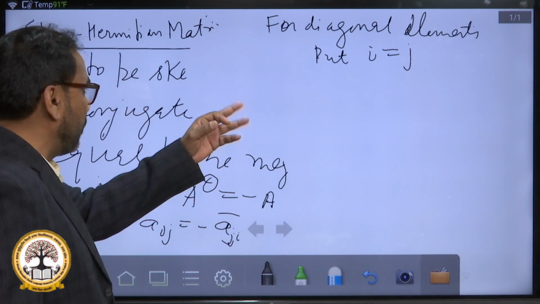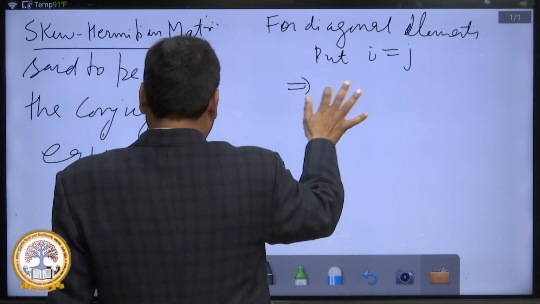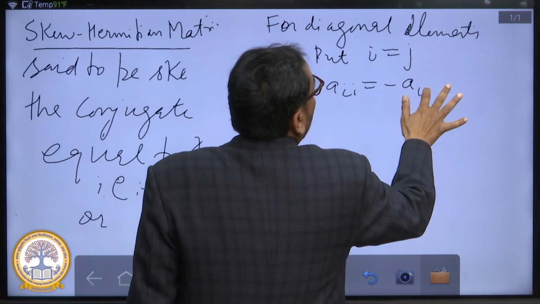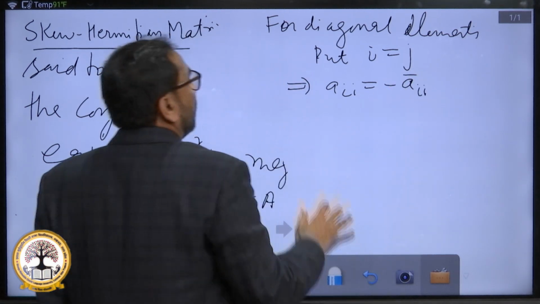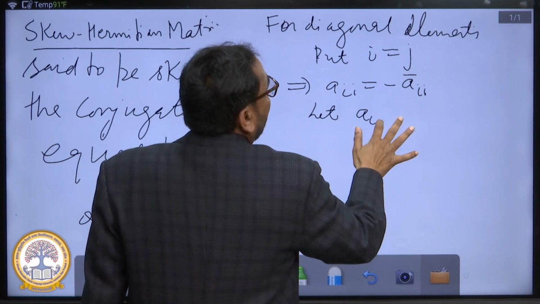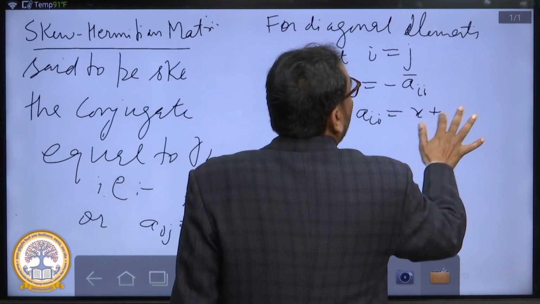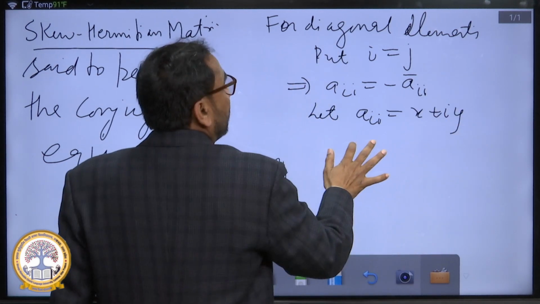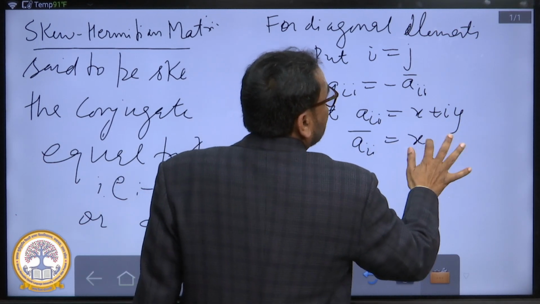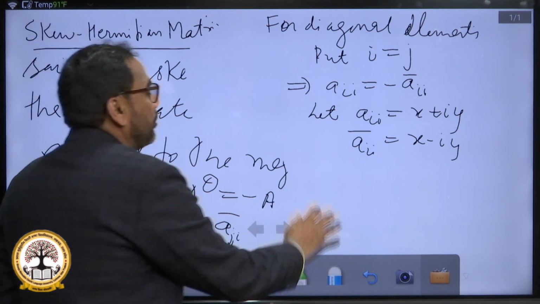So here we put i equal to j, which implies that aii is equal to minus aii bar. Let aii be equal to x plus iy. So the conjugate of aii, that is aii bar, is x minus iy.